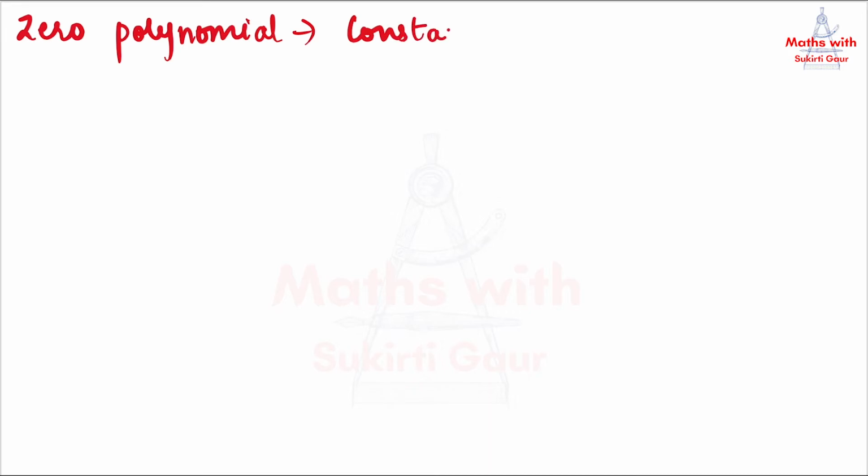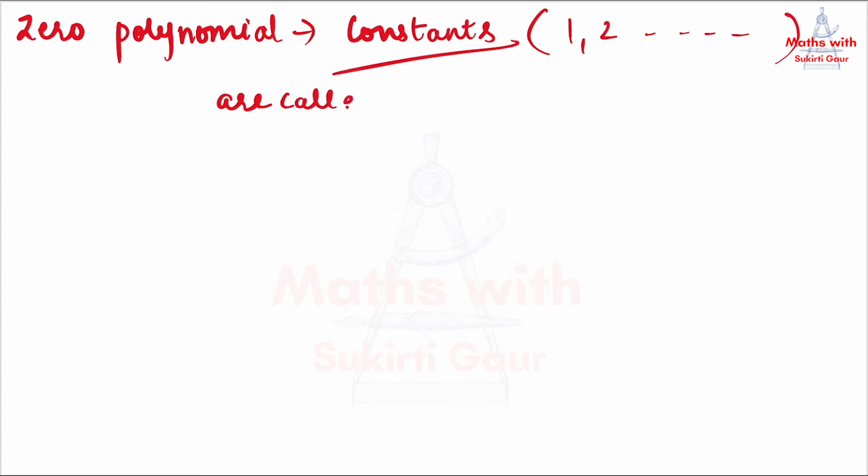Moving further, now we are going to learn about what is a zero polynomial. All the constants like 1, 2 and so on are called zero polynomial.